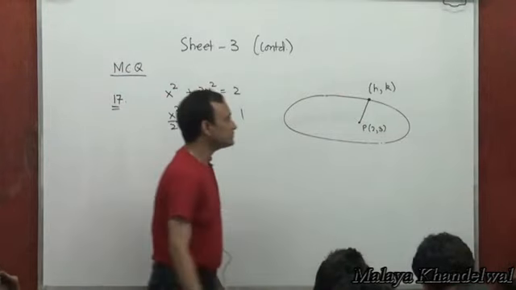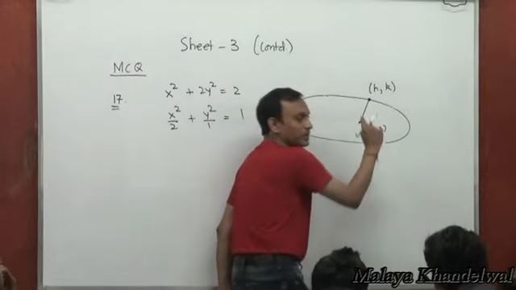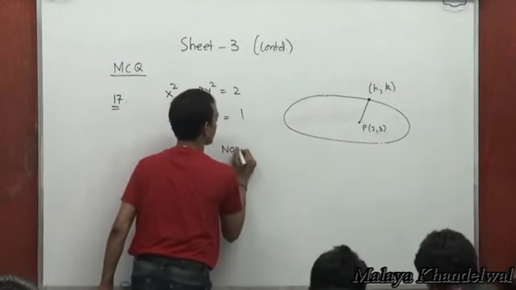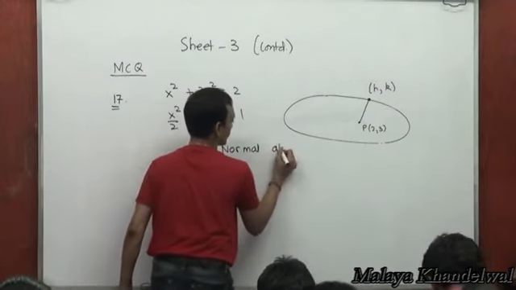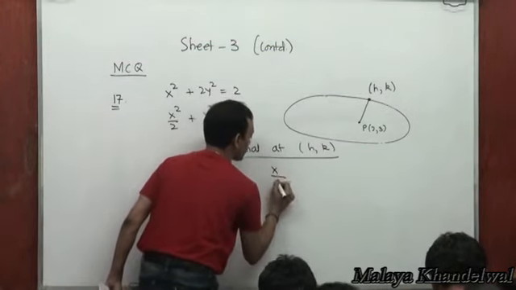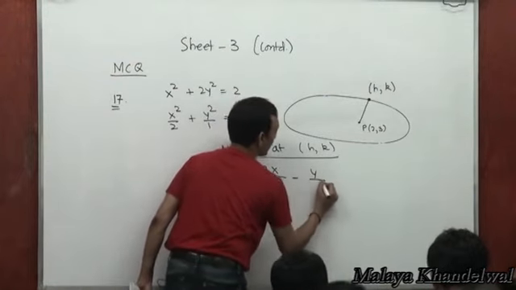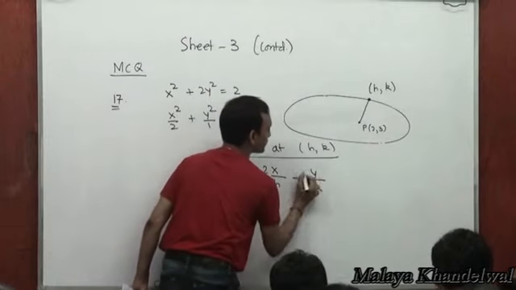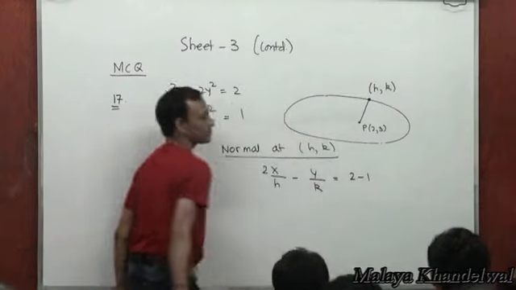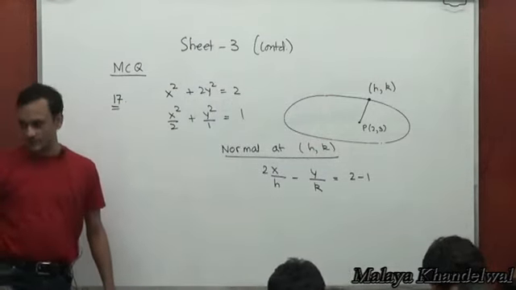Alright. Now, the normal at h, k is given by x by h by a squared minus y by k by b squared equals a squared minus b squared, that is, x by x1 by a squared minus y by y1 by b squared is a squared minus b squared.